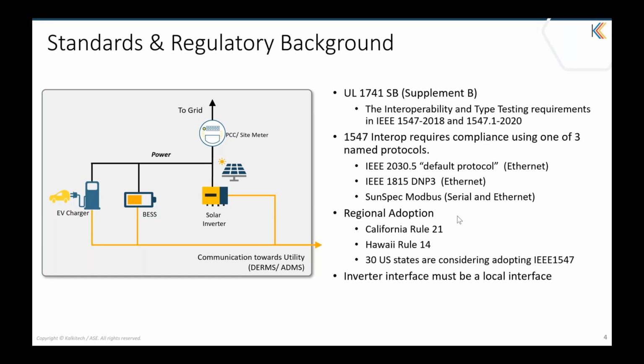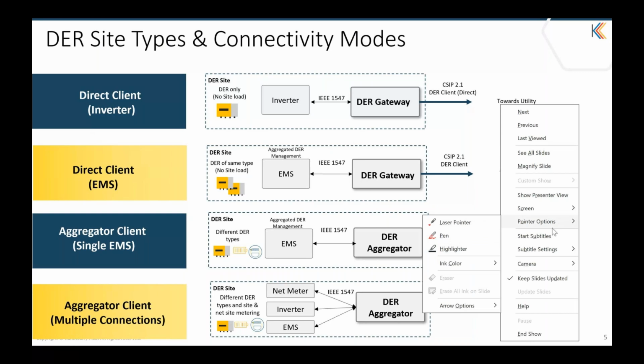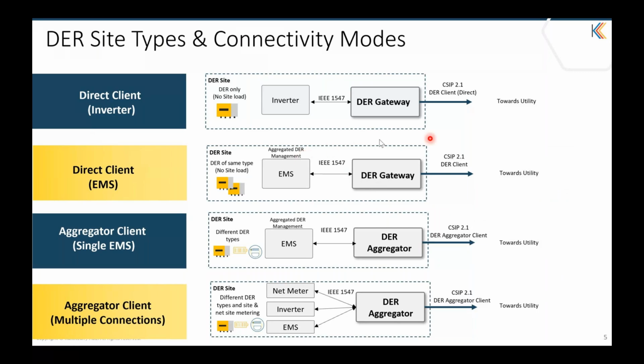Moving on, what are the different DER sites, and what are the different types of communication modes that get enabled is what we see in this slide. Here you can see that there are two types of interconnection. There's a direct connection from the inverter, either directly or through a gateway, as per CSIP 2.1.